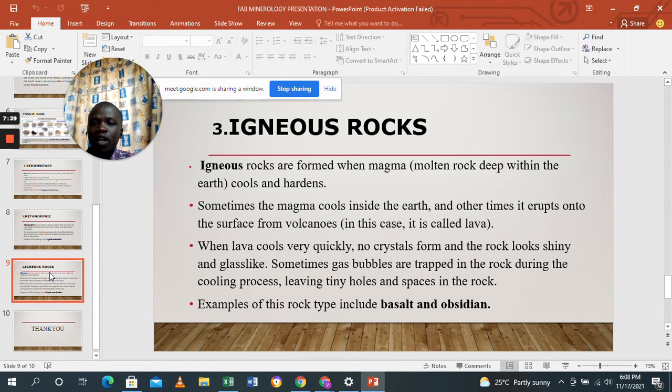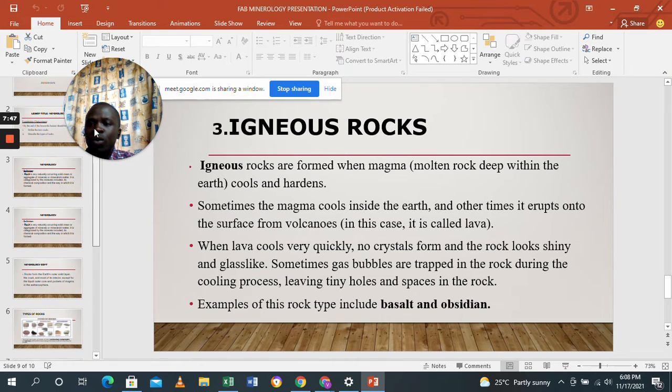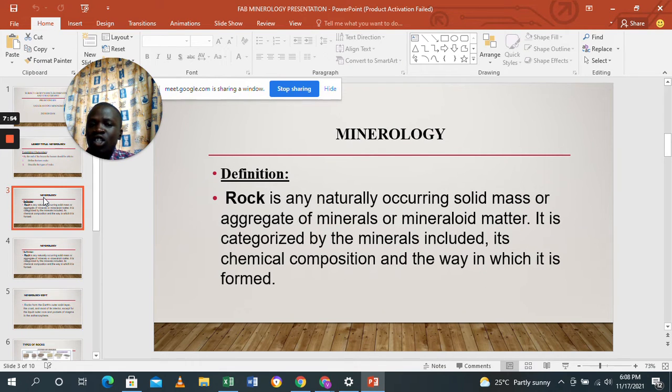In this lesson, we have looked into the definition of rocks, which we defined as a naturally occurring solid mass formed on the surface of a planet, for example Earth. These rocks are formed on this surface and are naturally occurring.